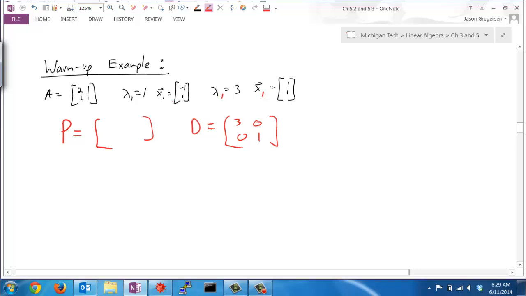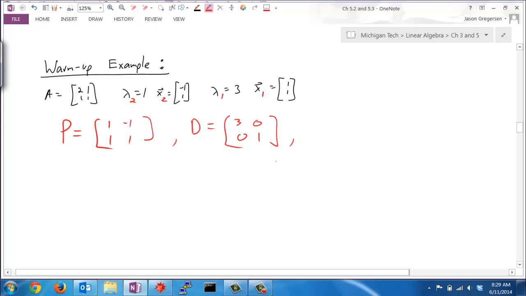Call that 1 and 1, and this 2 and 2. So I'll put the biggest eigenvalue first and then go down the diagonal like that. Then my P should be, well, the eigenvector associated with the eigenvalue of 3 is 1, 1. And the eigenvector associated with lambda equals 1 is negative 1, 1. So there's my P.